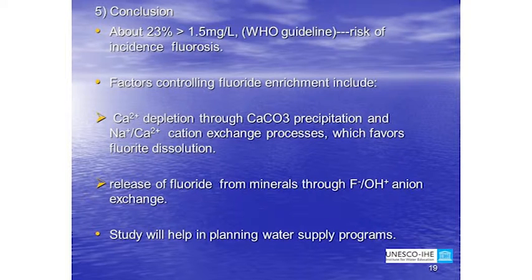And then the factors that are influencing the fluoride enrichment in the groundwater system have to do with calcium depletion through calcium carbonate precipitation, and then also calcium depletion through sodium-calcium cation exchange, both processes which influence or favor the dissolution of fluorite into the groundwater system. And then the third mechanism is the fluoride-OH anion exchange.